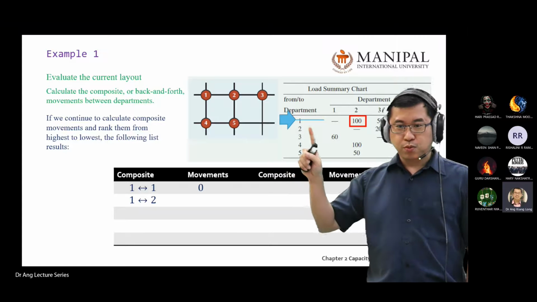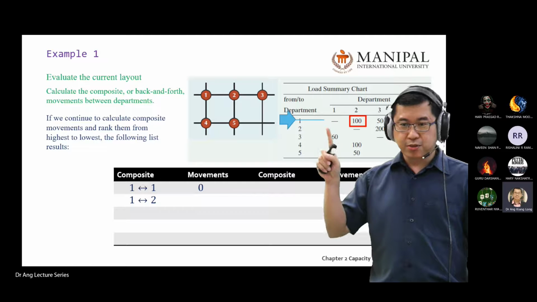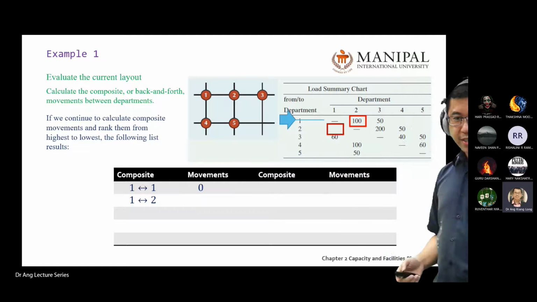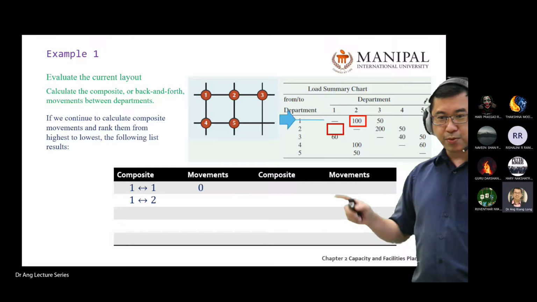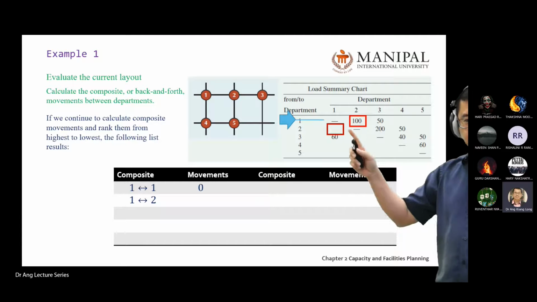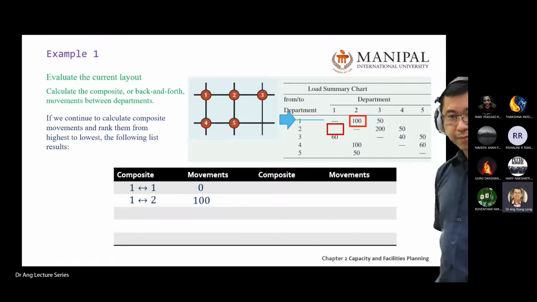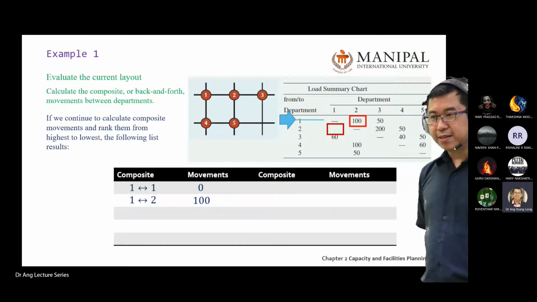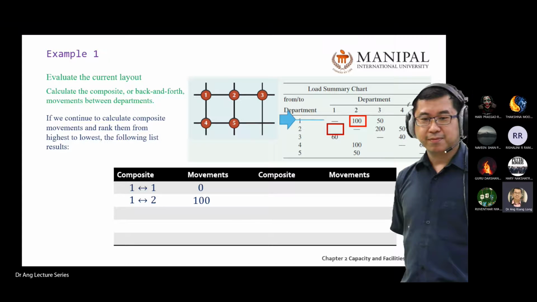So 2 to 1, there's no number there, but you still need to circle it. Although there's no number there, it's considered 0. So what is the total? You get 100. Write 100 in the chart. Okay? Any question?